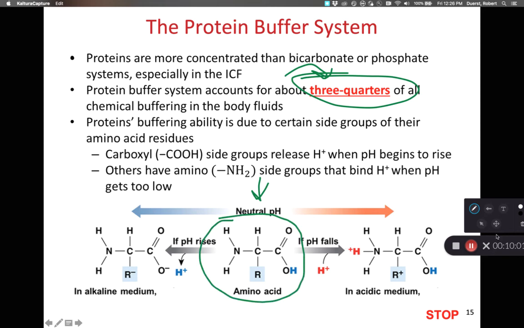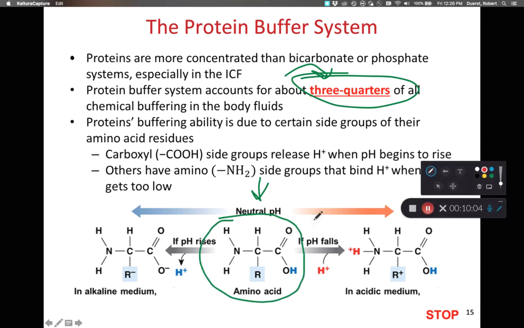So as we look at our generic amino acid right here at a neutral pH, circled in red we'll have an amino functional group, and circled in blue, we have a carboxylic acid functional group. If we take our generic amino acid and we expose it to an acidic solution, so we are dumping more acids into the system, our pH starts to drop, and the amino functional group has a partial negative charge from the lone electron pair on that nitrogen atom.